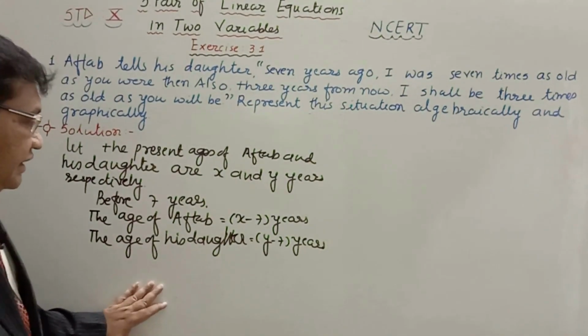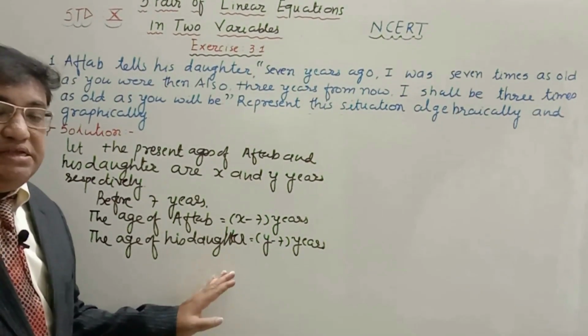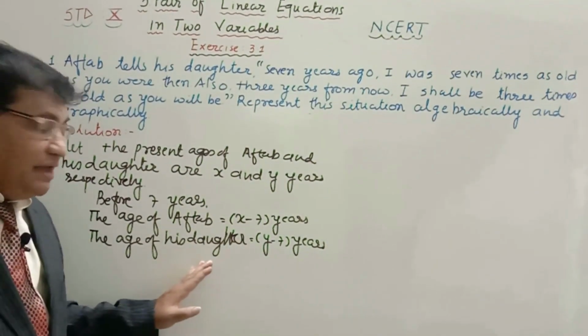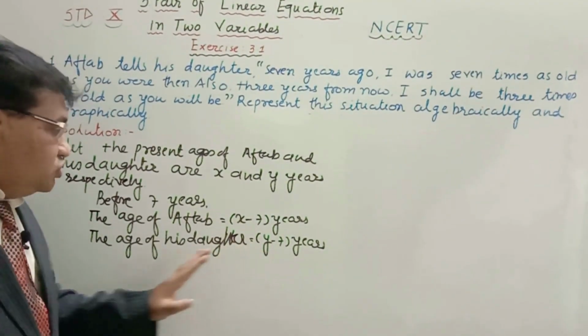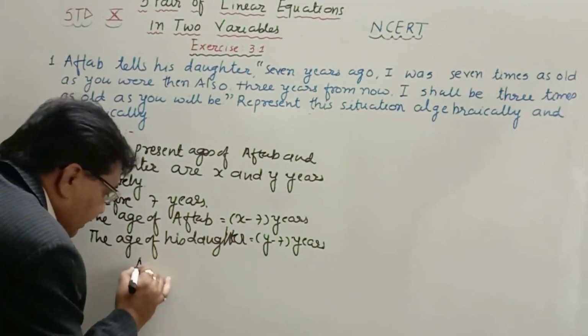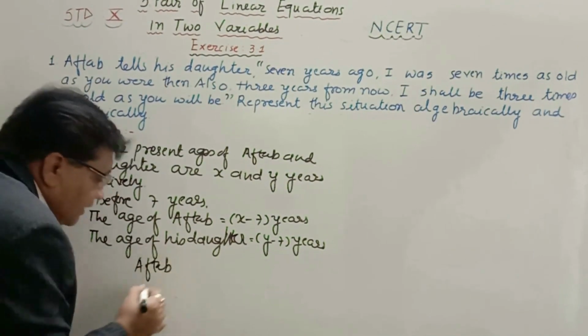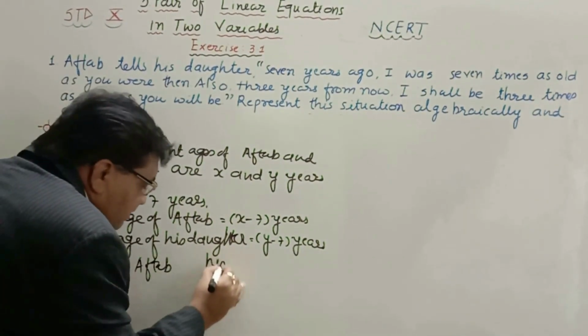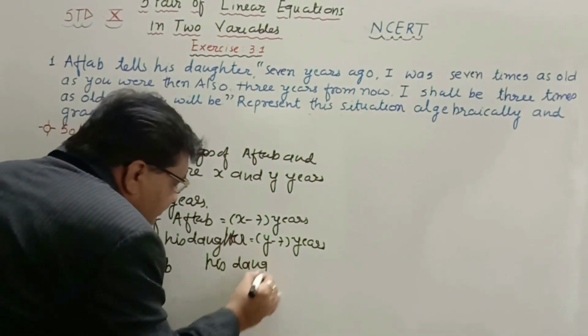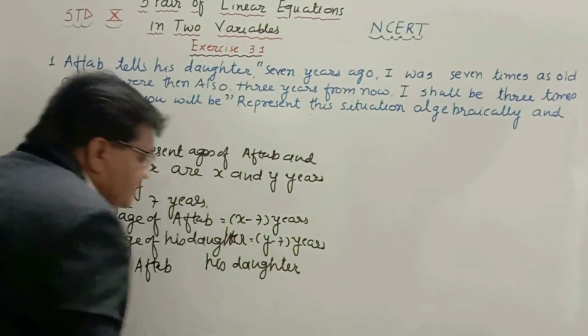Now, here the comparison of ages of Aftab and his daughter. So we write the Aftab as left side and his daughter as right side.